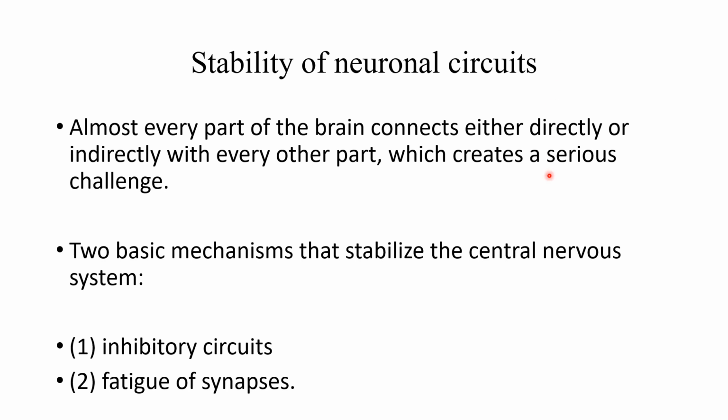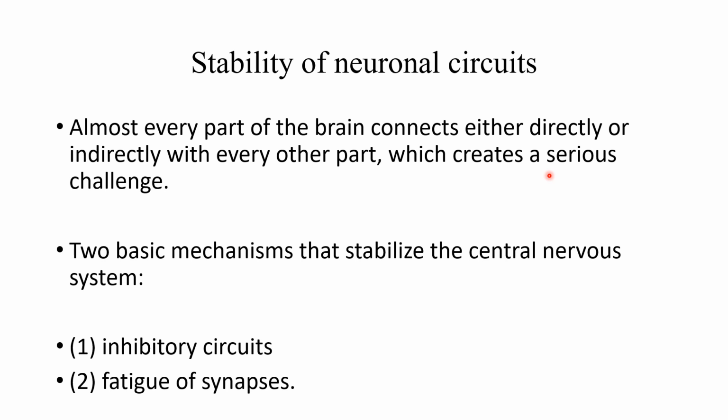Neuronal circuits are important to maintain function, but you also want to stabilize the central nervous system. If there is interaction between different types of neuronal circuits, different integration of these circuits, you have to have some mechanisms to stabilize the central nervous system.